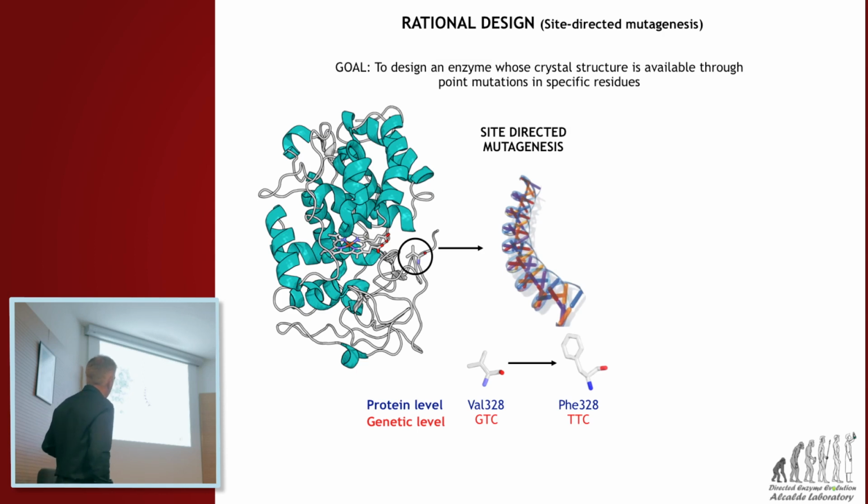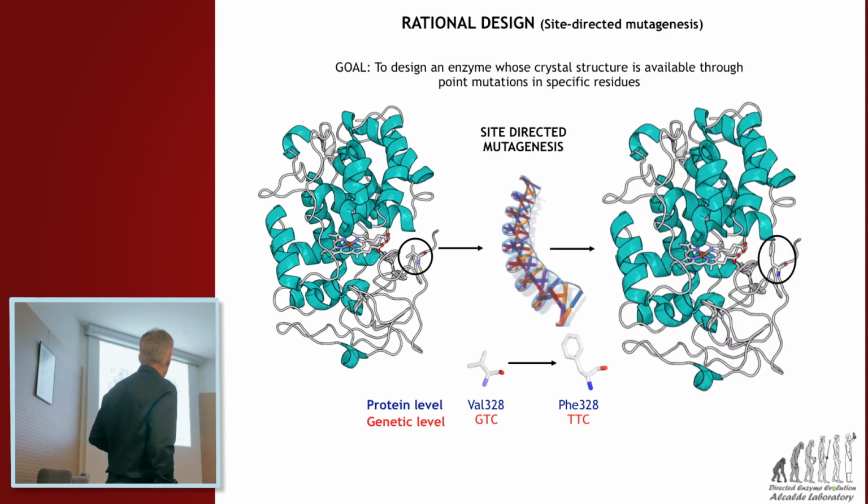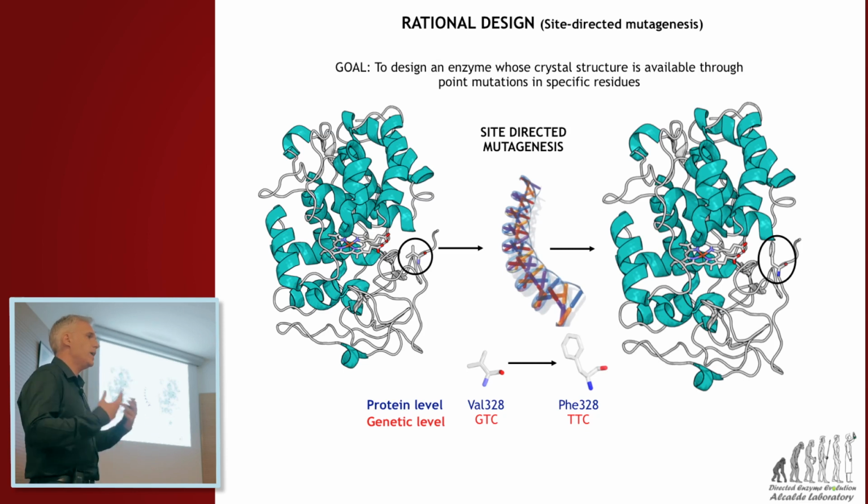Afterwards, we introduce this gene within a heterologous host, we express the enzyme, and if everything goes right, we are going to have an enzyme with a change in the position we already mapped in our crystal structure. Afterwards we evaluate the biochemical properties of this enzyme in terms of kinetics, thermostability, etc., to see whether or not the changes are related to the new properties of the enzyme.